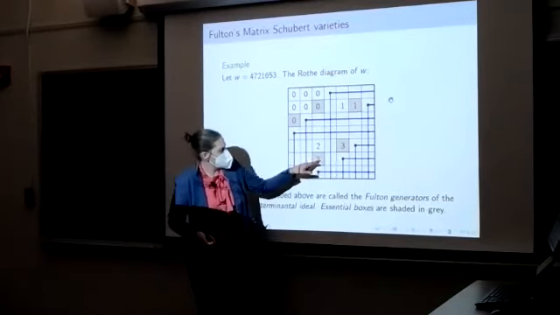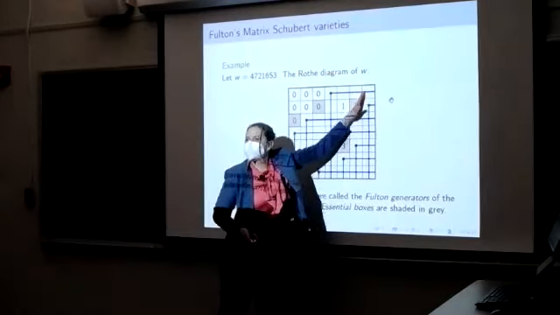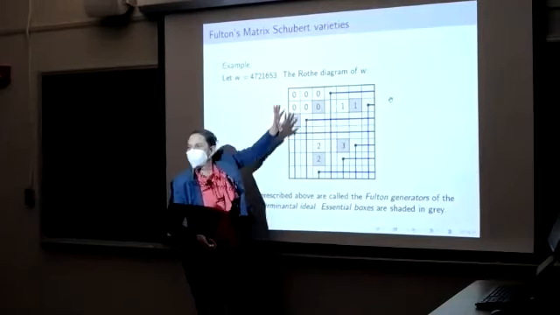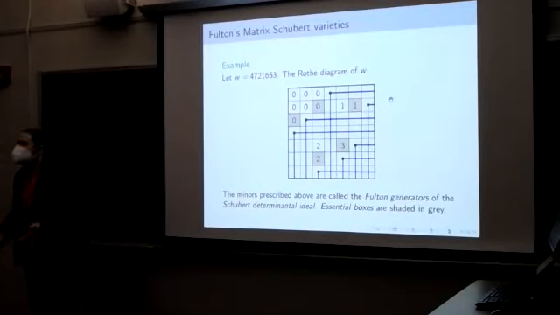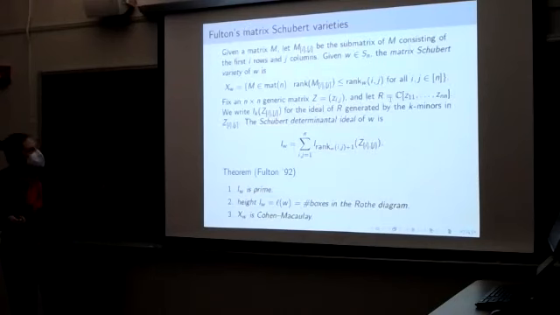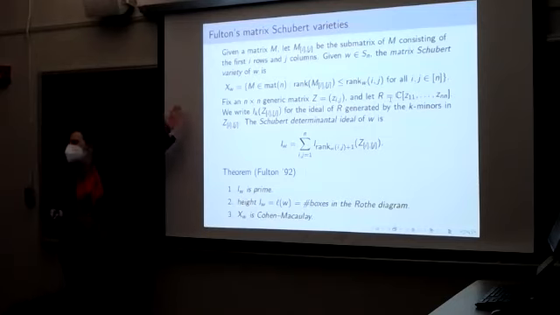If all of our essential boxes form a little scoopy shape here, and there's nothing up there, then that is a one-sided mixed ladder determinantal ideal, something that was independently studied in the pure commutative algebra literature. Okay, so here's the formal definition of a matrix Schubert variety. I actually won't read it, but it's there if you want it.